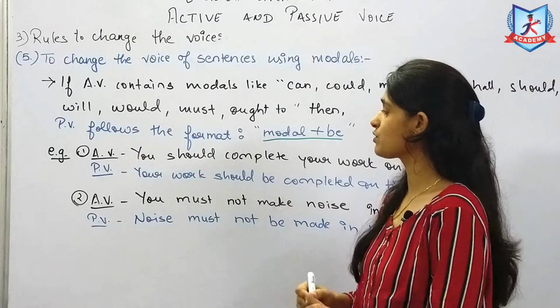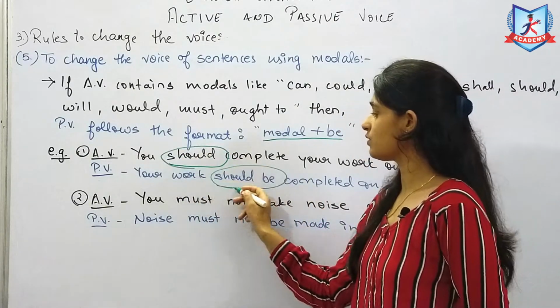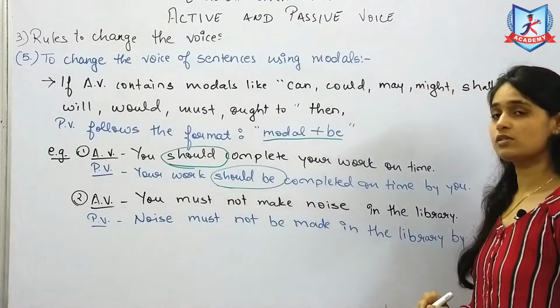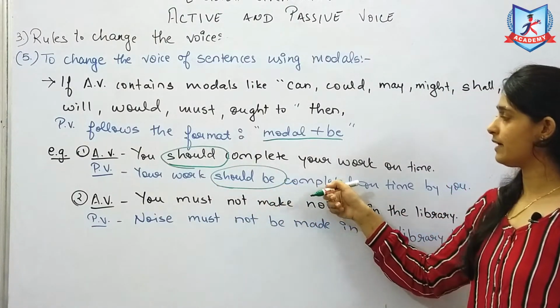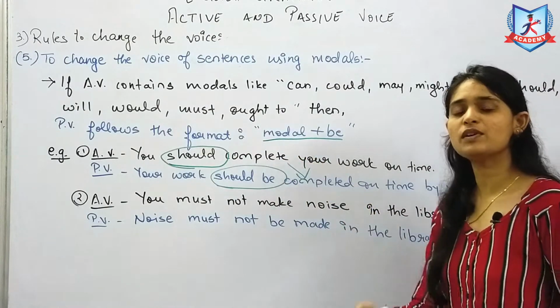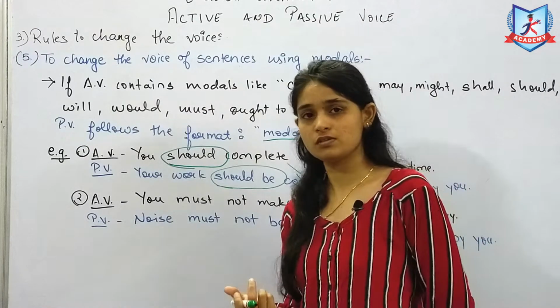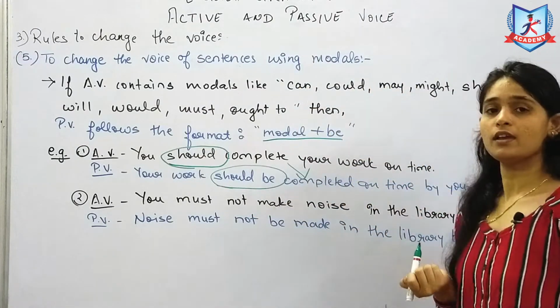Should be use hua because should is a modal verb and modal verb plus the verb be is to be used as per the format. The work should be completed. Complete ka completed ho gaya because always V3 form of the verb is to be used, right? Work should be completed on time by you.